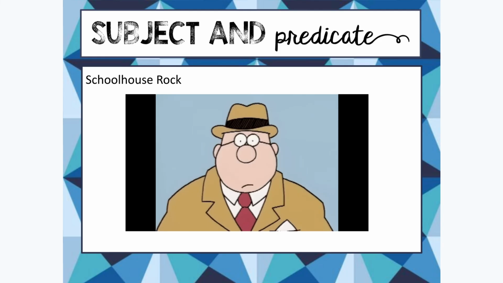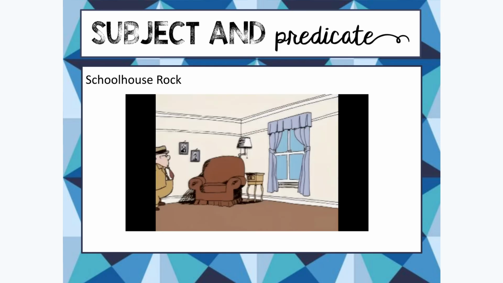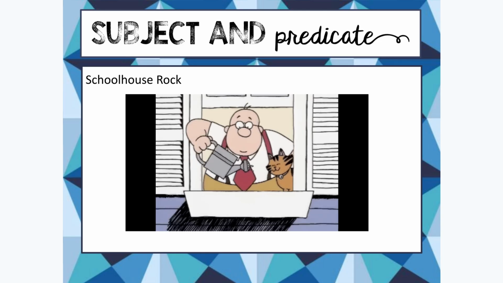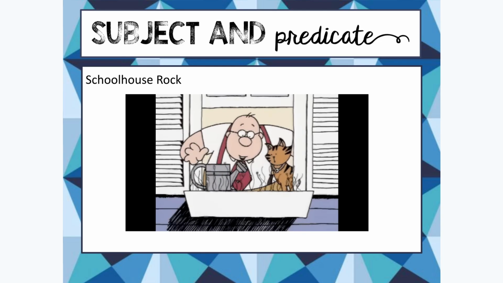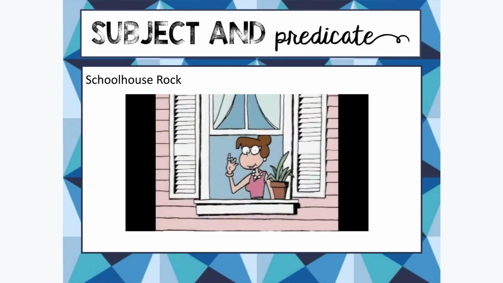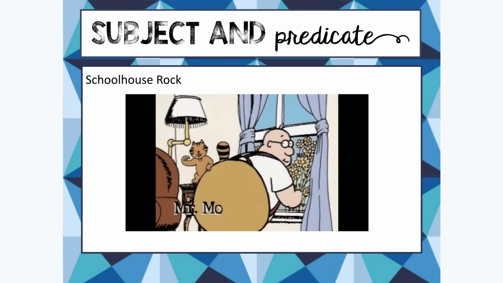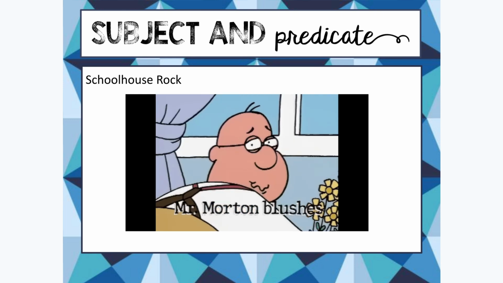Mr. Morton was. Mr. Morton is the subject of the sentence, and what the predicate says he does. Mr. Morton knew just one girl. Mr. Morton knew. Mr. Morton grew flowers for Pearl. Mr. Morton grew. Mr. Morton was very shy. Mr. Morton was. Mr. Morton is the subject of the sentence, and what the predicate says he does.